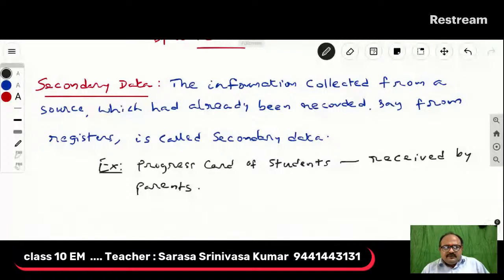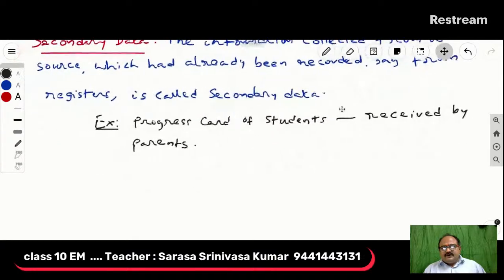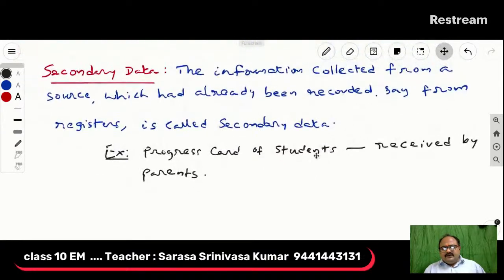So this information is given to the parents from the source of registers. So the progress card received by the parent is considered as secondary data.